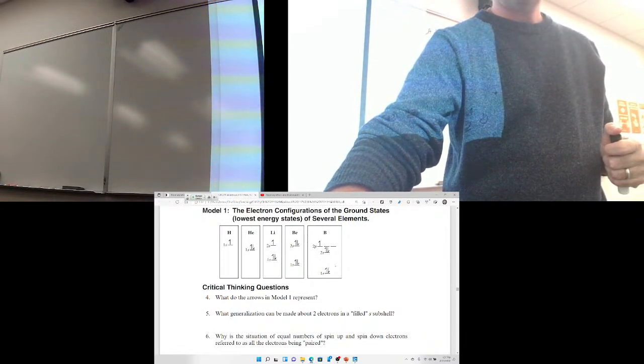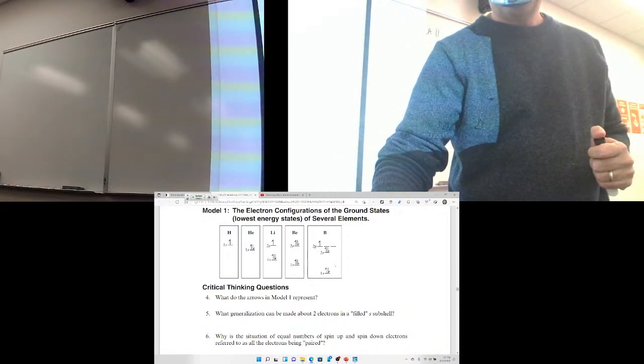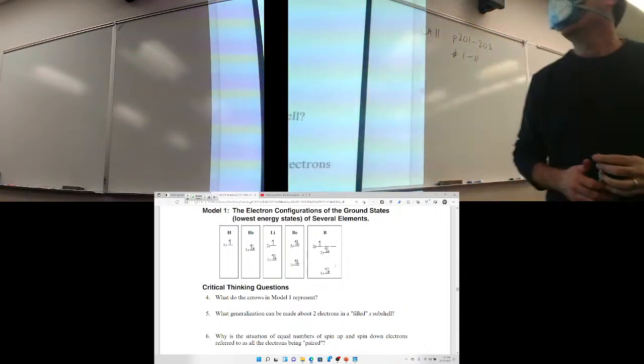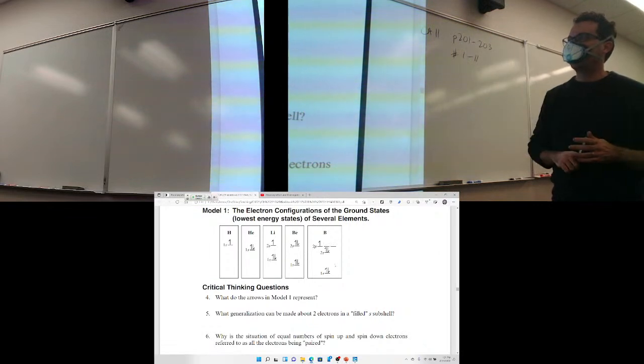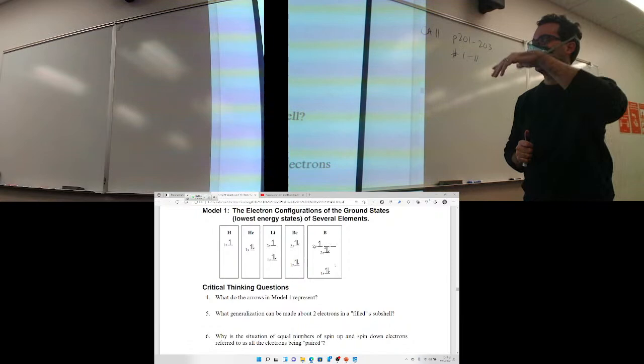It's time to talk. I can't remember when we started this, but I think some people have gotten through all of it. Some of you haven't, but let's just talk about these right now. So the arrows are all electrons, the arrow pointing up is spin up, the arrow pointing down is spin down.